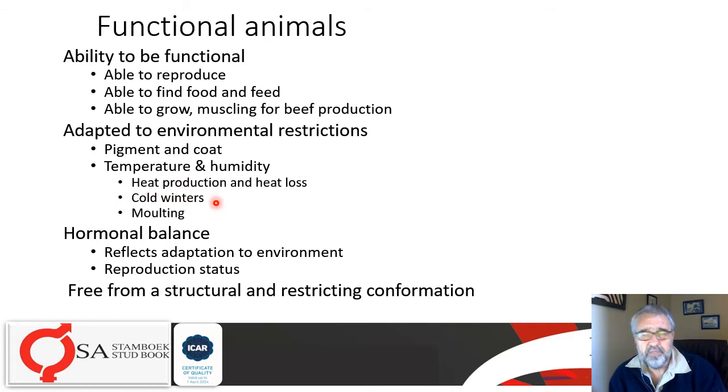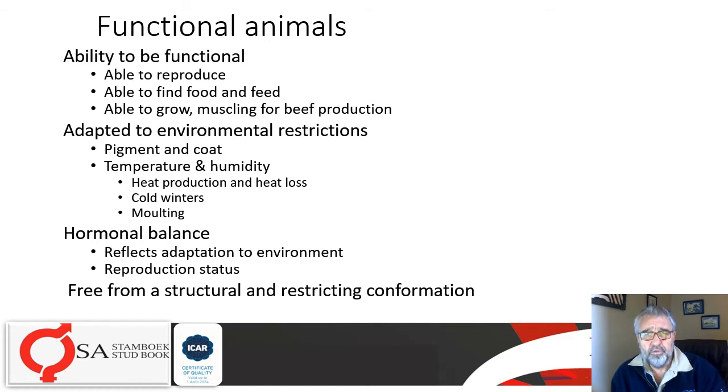Obviously, in terms of adaptations, in many cases, even where you have warm summers, you can have cold winters, and that is also the ability to adapt to that. In terms of adaptation, one can also see adaptation in terms of hormonal balance, especially with something like a sleek coat, early shedding of hair when the season changes towards summer or spring.